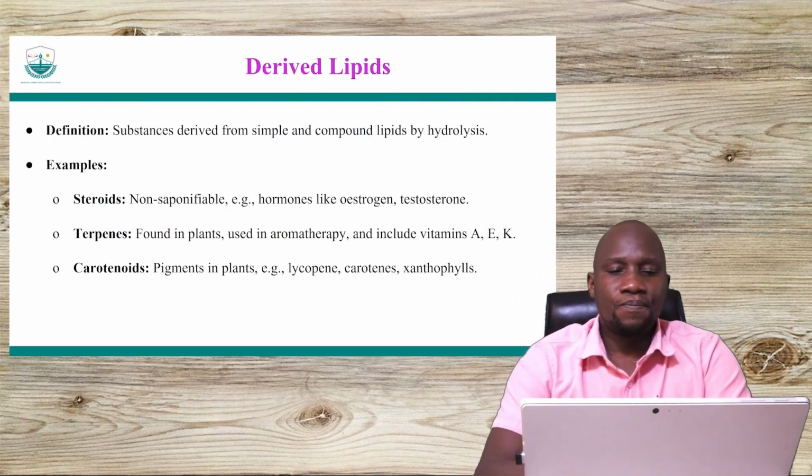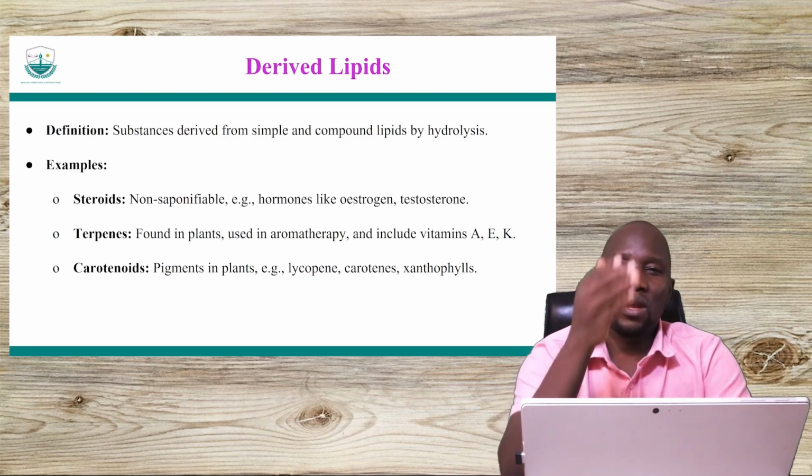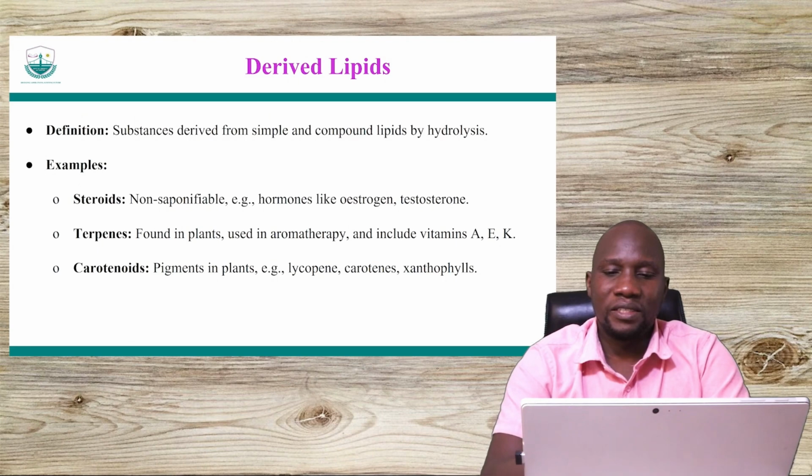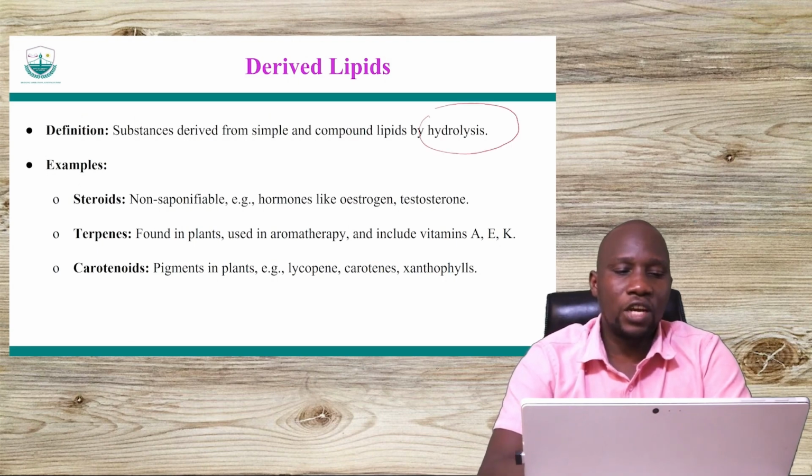Derived lipids. These are lipids that are derived from simple or compound lipids by hydrolysis. Okay, when you break into smaller components, that process is hydrolysis. So sterols are examples of derived lipids.